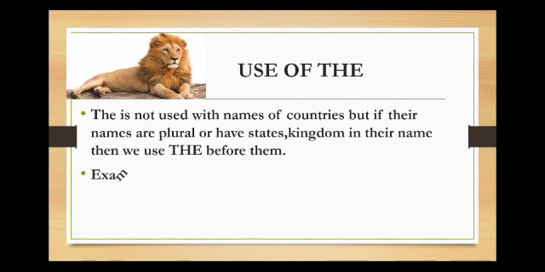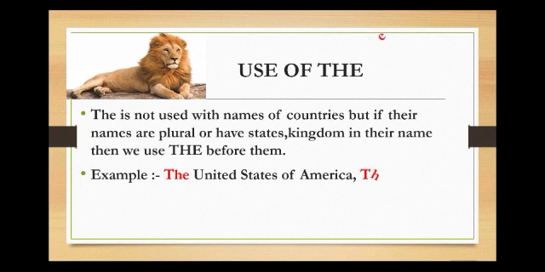Children, if you are writing the name of any country, then we never use any article before the name of that country. You never say the India. I live in the India. No, wrong. So if you are talking about the name of any country, you never use any article.